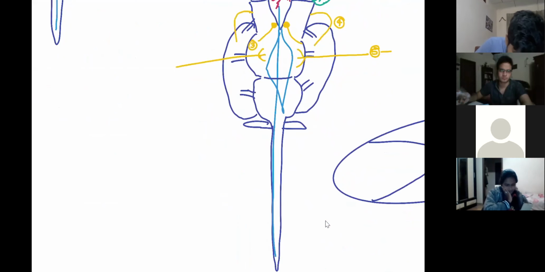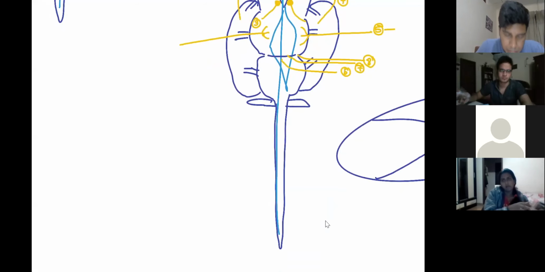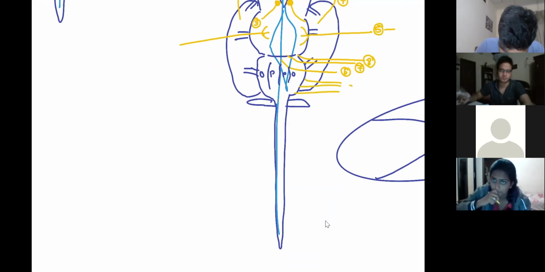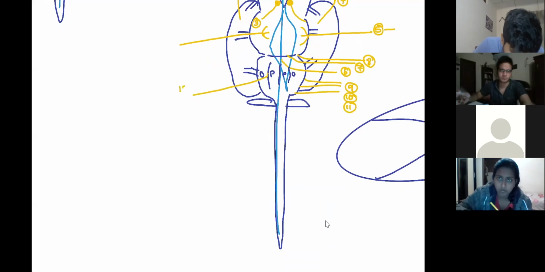Then 6, 7, 8 come out like this. I just need you to get a basic idea of what's happening and where stuff is. 9, 10, 11 come out from the lateral side, while cranial nerve 12 comes from the pyramid.